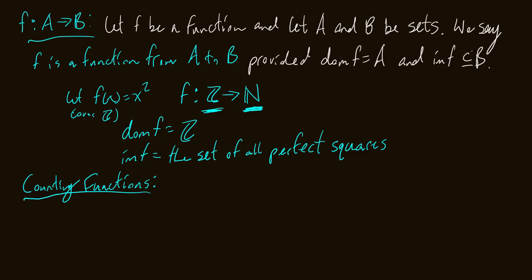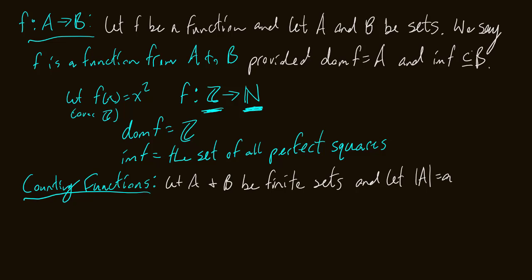But I want to talk about our finite sets. So we're going to say let A and B be finite sets. This is a proposition, something I'm proposing, right? Let A and B be finite sets, and let the size of A equal little a, and the size of B equal little b.